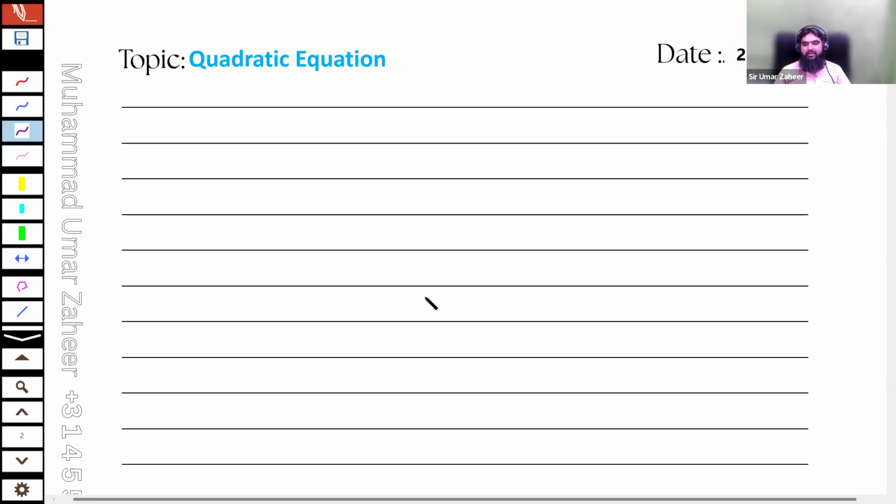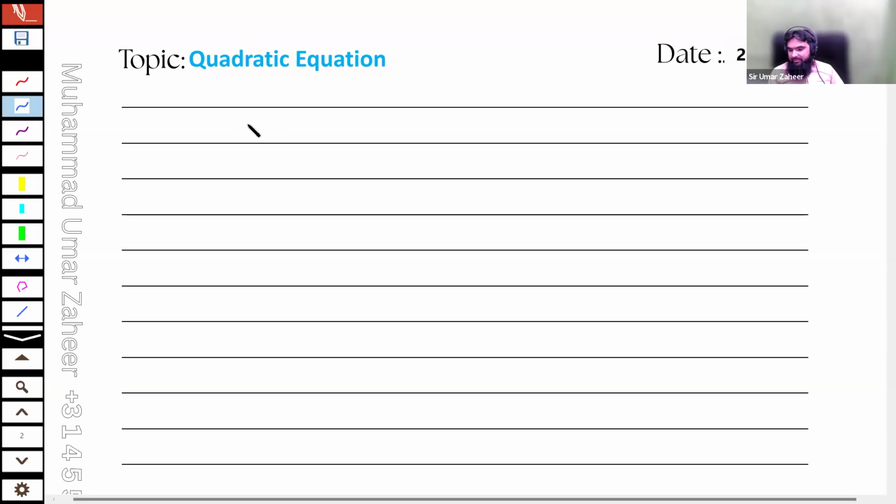Does anyone have an idea what a quadratic equation is? In the equation where the x coefficient is 2, the power or index of x is 2. Yeah, that's correct.